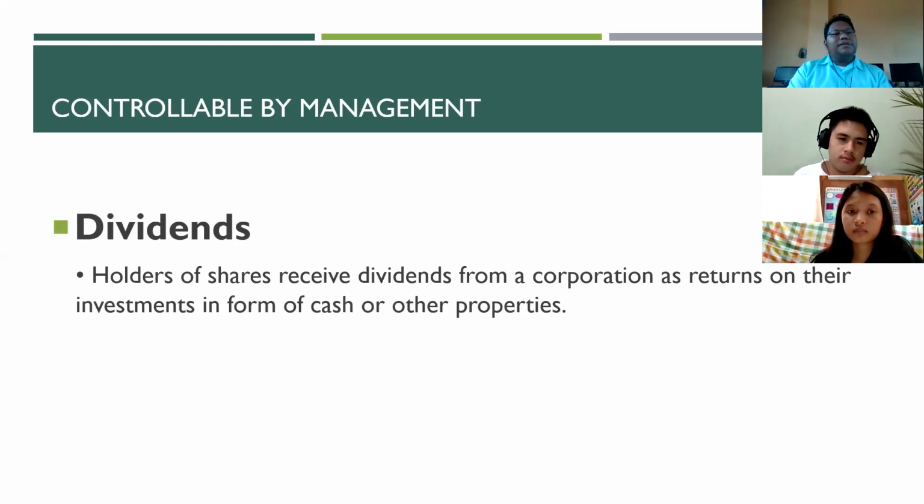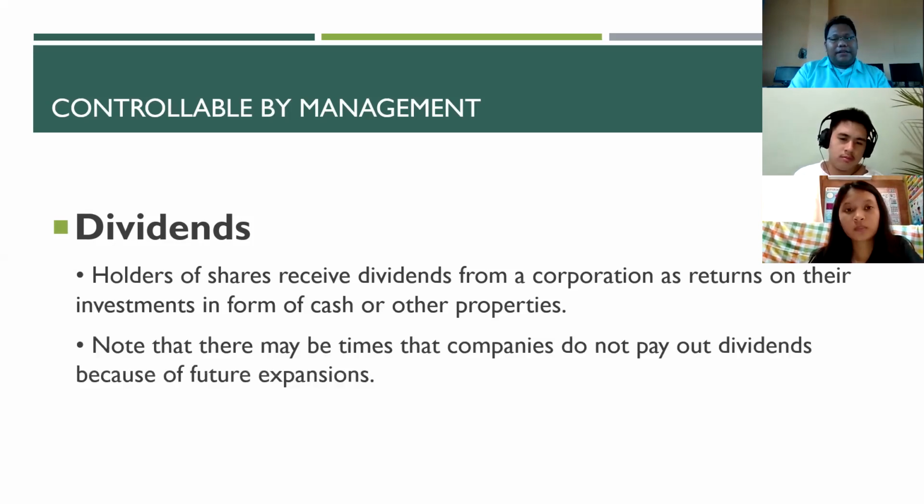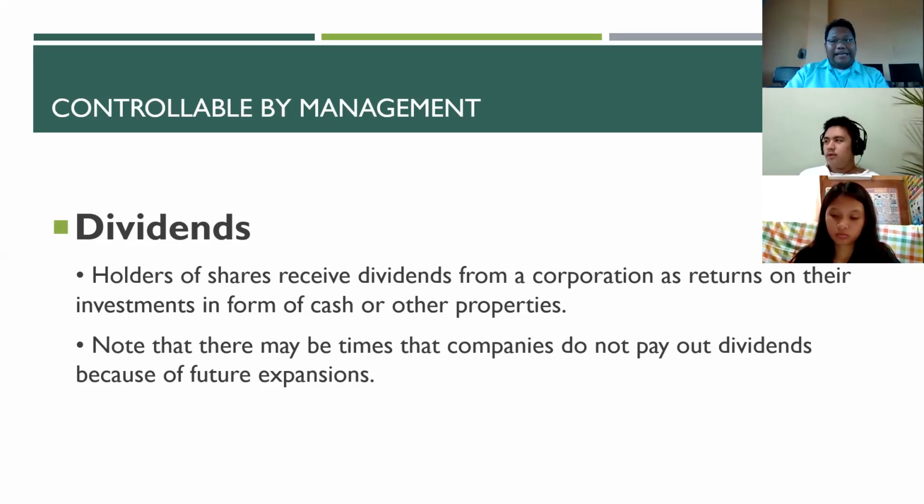Dividends. Holders of shares receive dividends from a corporation as returns on their investments in form of cash or other properties. Note that there may be times that companies do not pay out dividends because of future expansions. Dividends happen when you have a corporation. So that's their share, the division that they get at the end of a particular period. Sometimes dividends function as the return of their investments, but sometimes dividends might be used instead for expansion purposes.